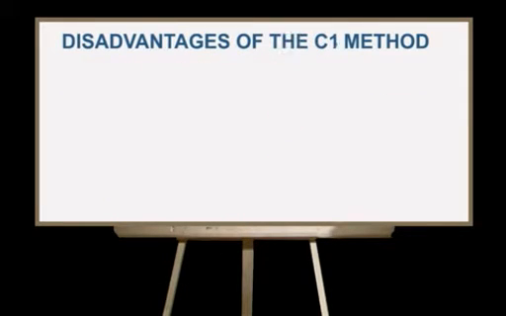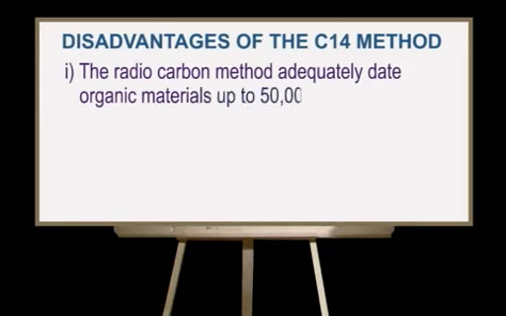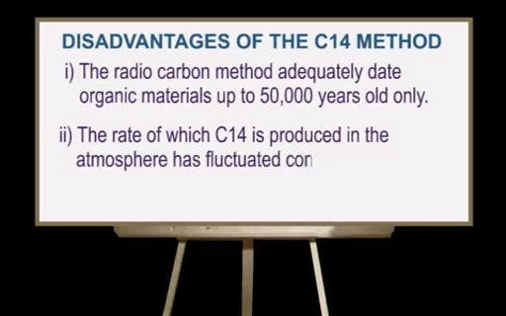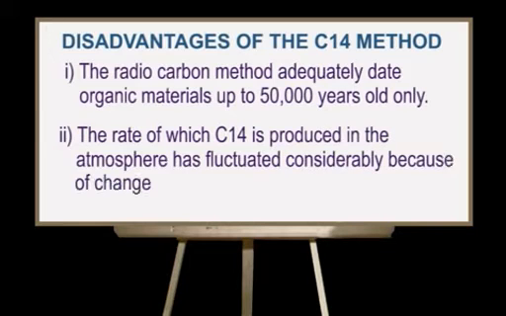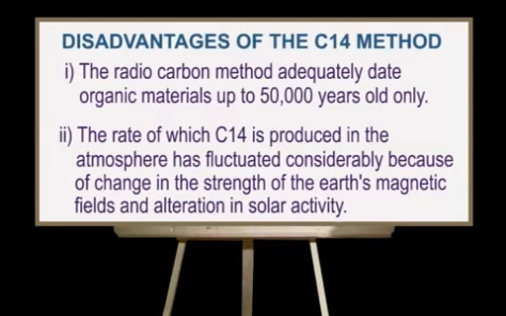Now come to the disadvantages. They are: number 1, the radiocarbon method adequately dates organic materials up to 50,000 years old only. Next is the rate at which C14 is produced in the atmosphere has fluctuated considerably because of the change in the strength of the Earth's magnetic fields and alteration in solar activity.